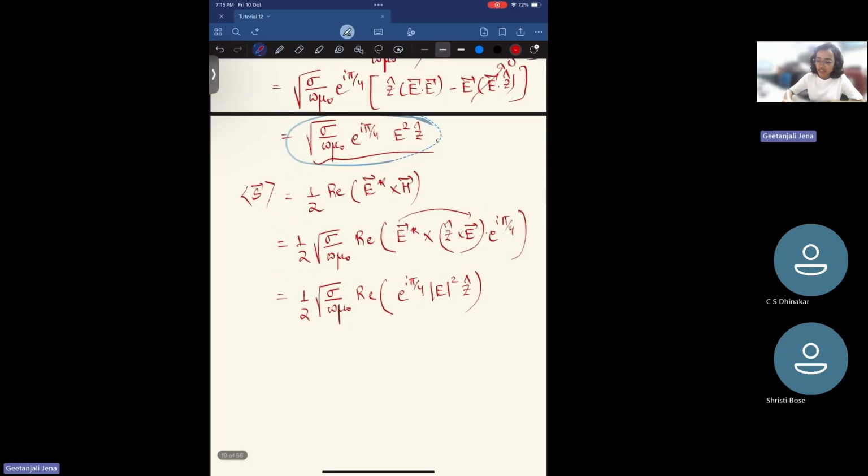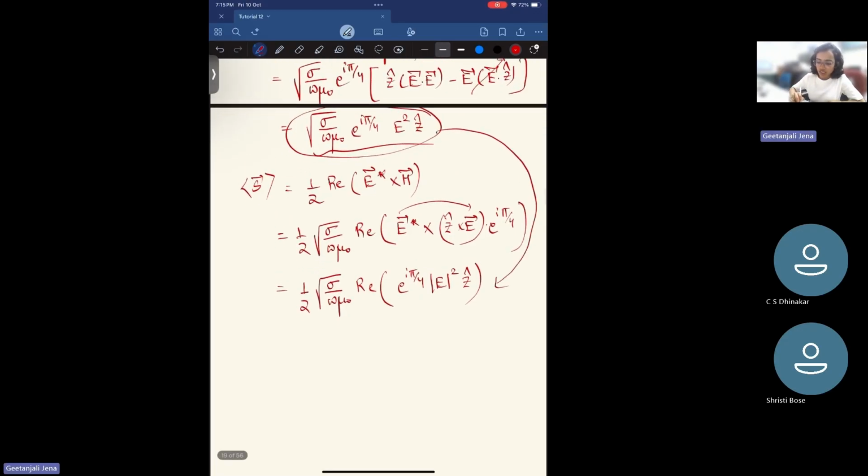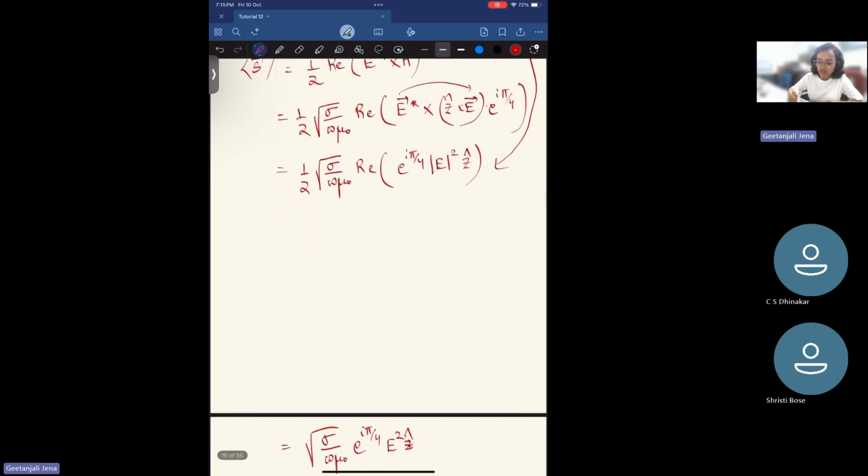You can directly use this also instead of putting E and H. And the real part of this is cos pi by 4. This will give cos pi by 4 E square Z. The sine part won't be there because it is in the imaginary part.